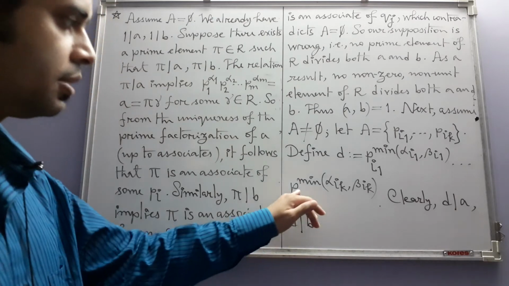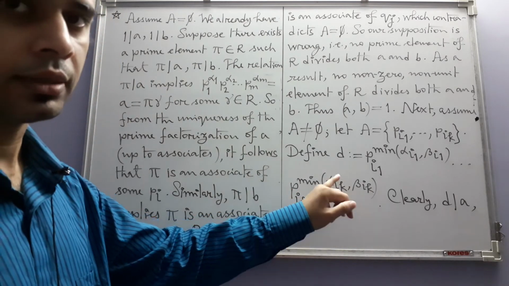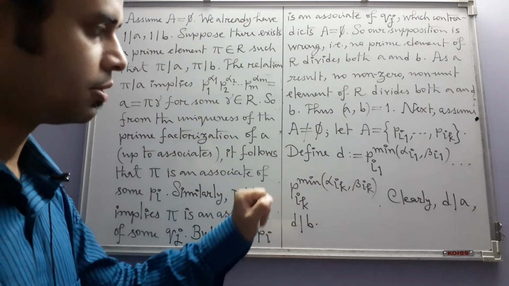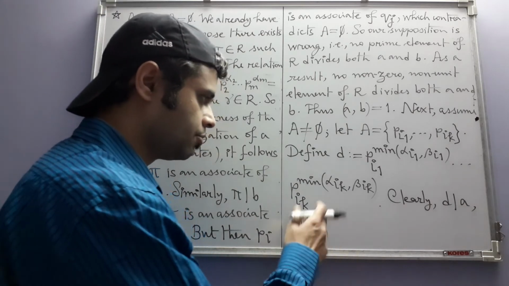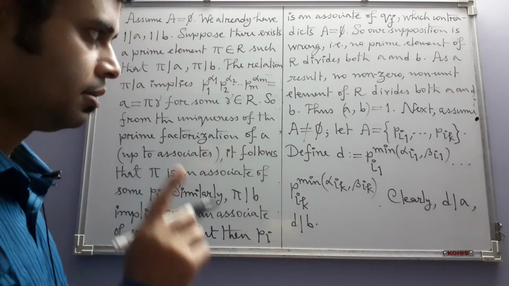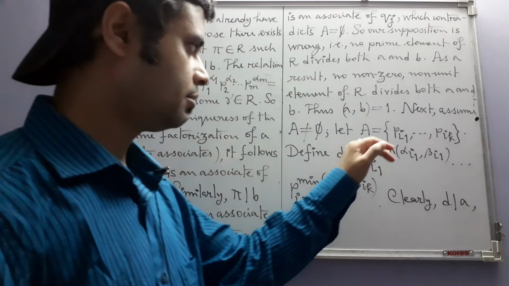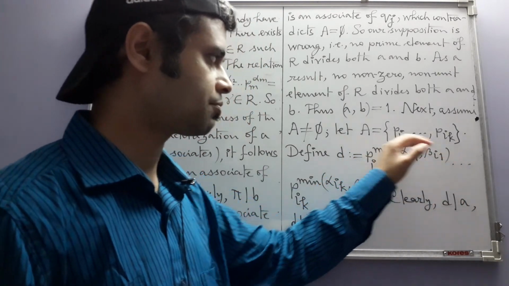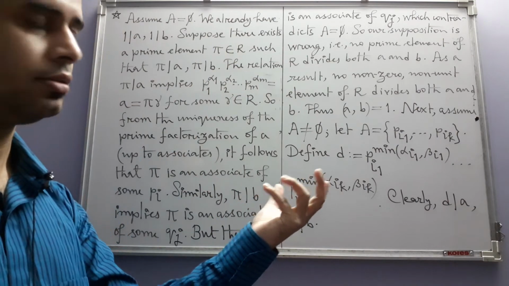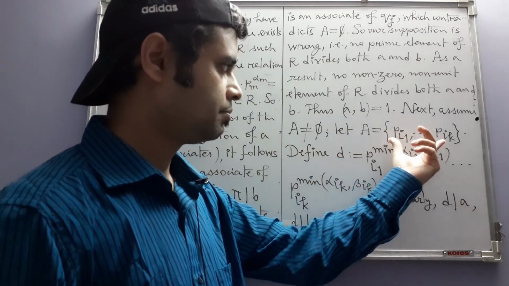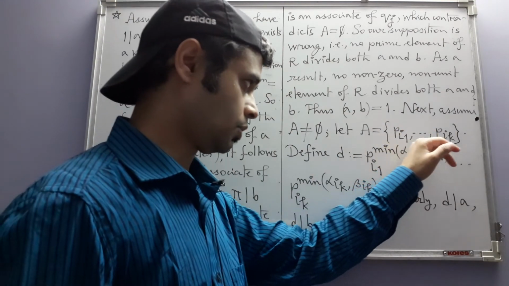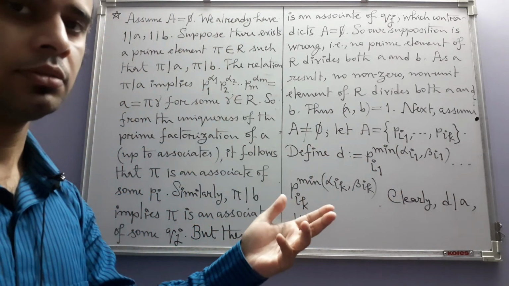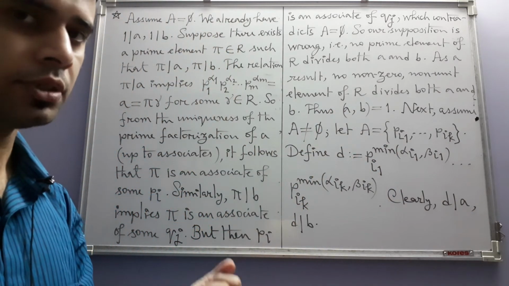Since we are choosing the smaller among the two possible exponents, D is going to divide both A and B. Also keep in mind that we are actually choosing the primes from those P's that are associates of Q's.